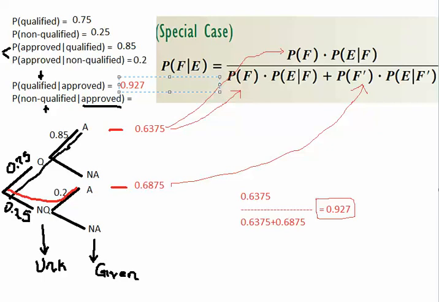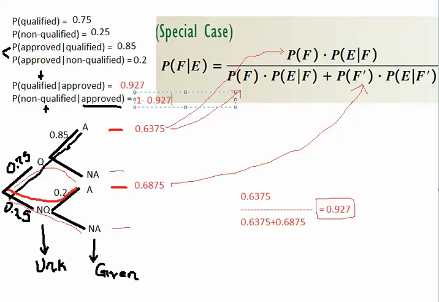0.927. Now we are looking for the probability for a person to be non-qualified given that it is approved. So if we look again at our branches, we are looking now at this branch and at this branch. But since the entire probability for a non-qualified and a qualified person, given that is approved, will be 1, this means that the answer for this question will be 1 minus what we already found, 0.927.